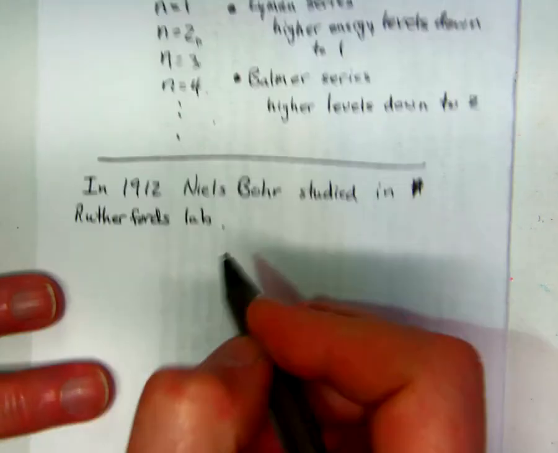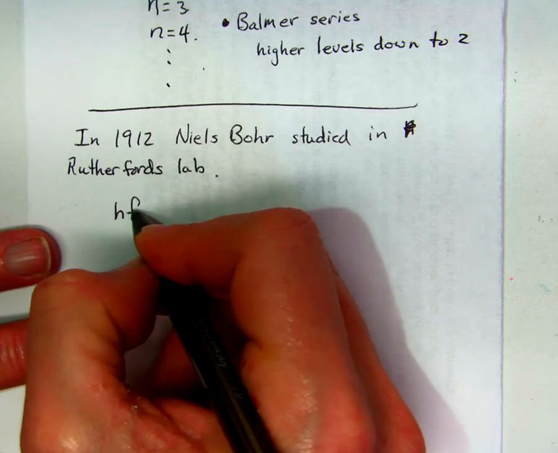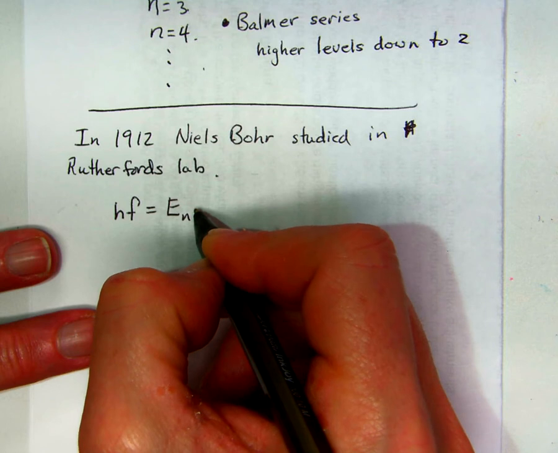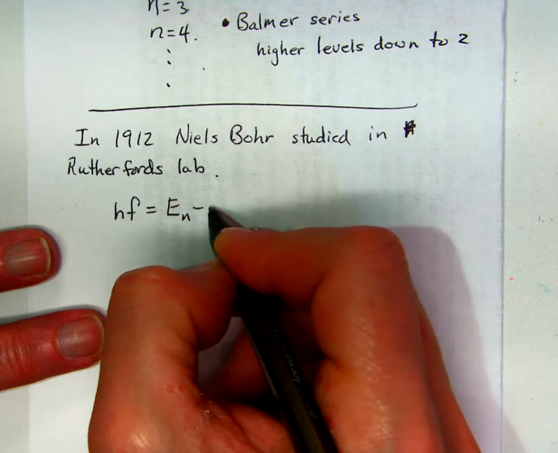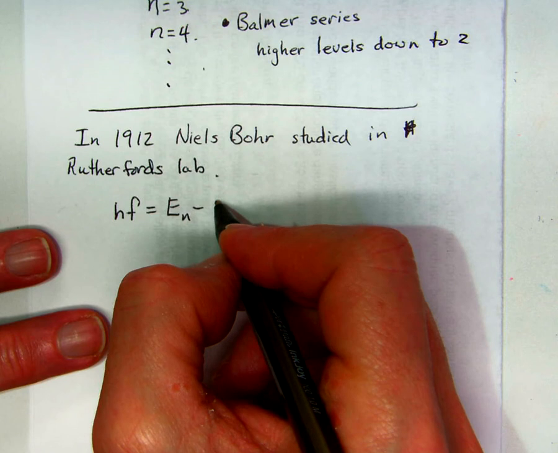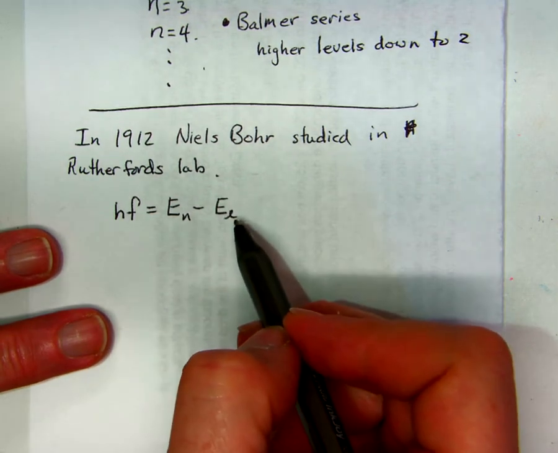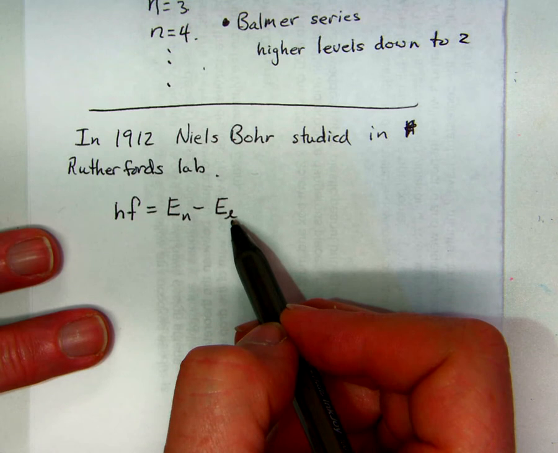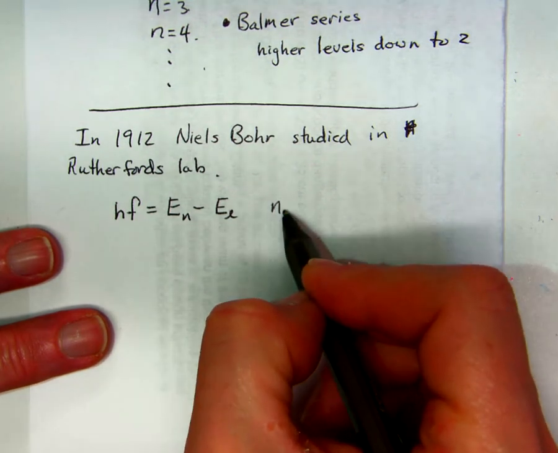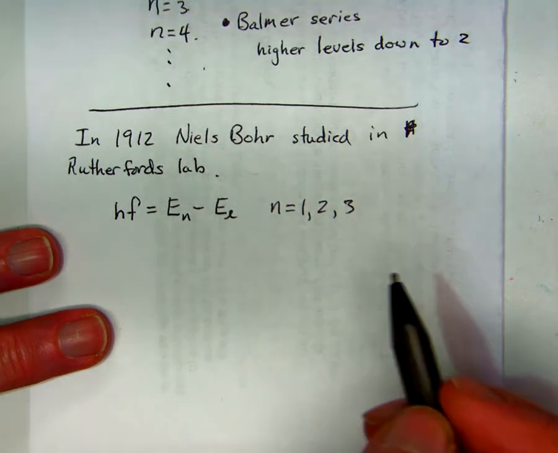And basically what his model said was that the energy of light is basically the difference between two levels. And I'm going to put an L subscript here for the lowest level, where n would be some number above that.